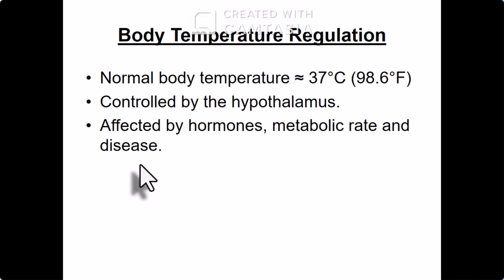Here I am giving you an example of body temperature regulation in a negative feedback mechanism. So the normal body temperature is approximately 37 degrees Celsius and 98.6 degrees Fahrenheit. Body temperature may be affected by exercise, hormones, infection, environmental conditions, and metabolic activities. So when temperature changes, the body activates mechanisms to restore it to normal.